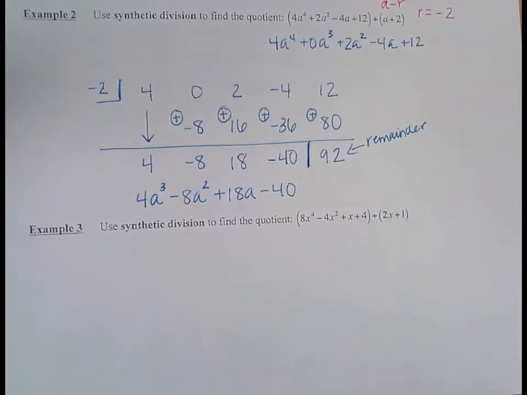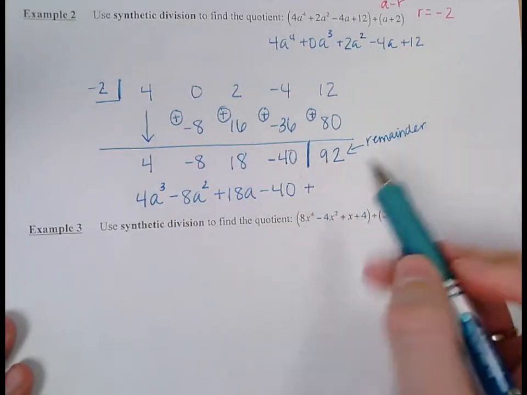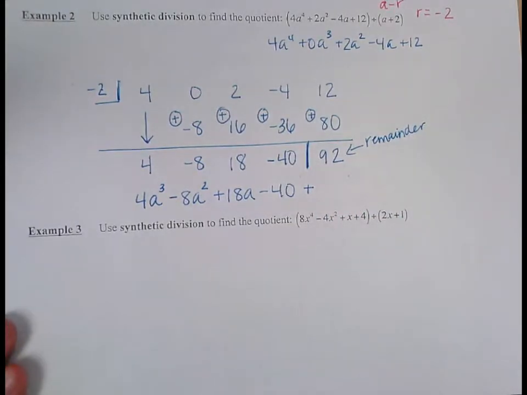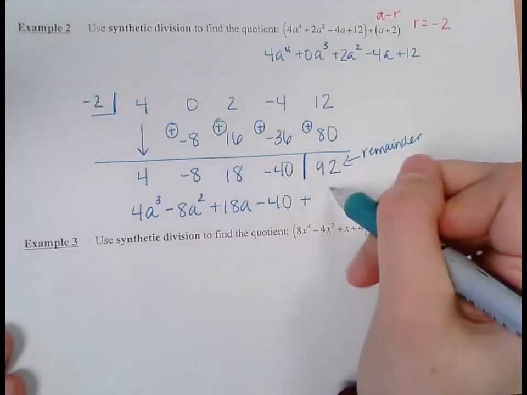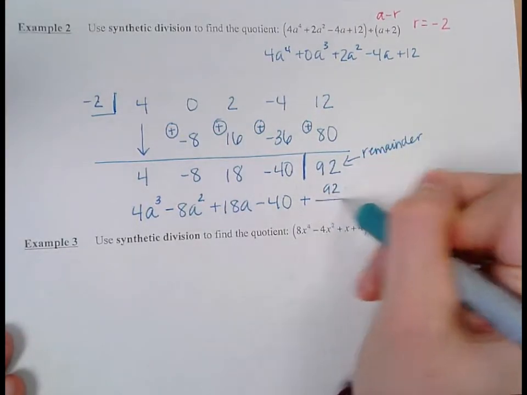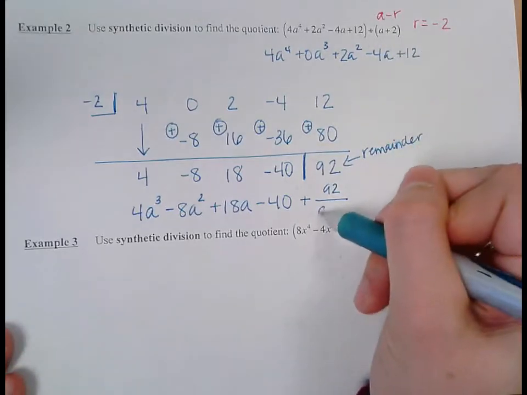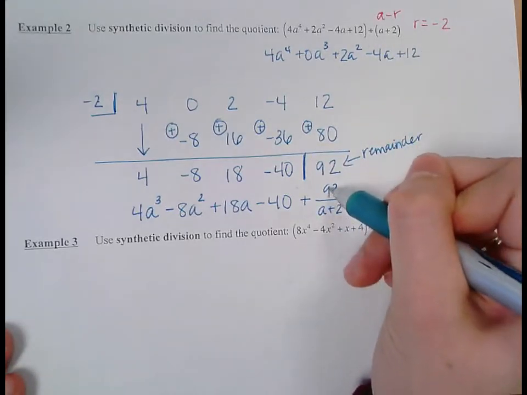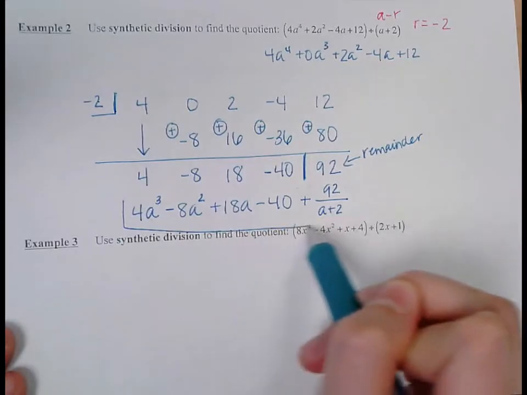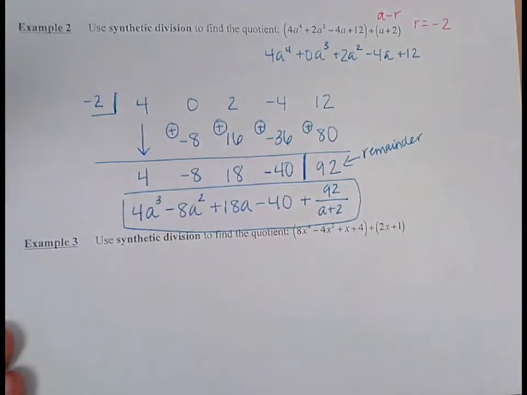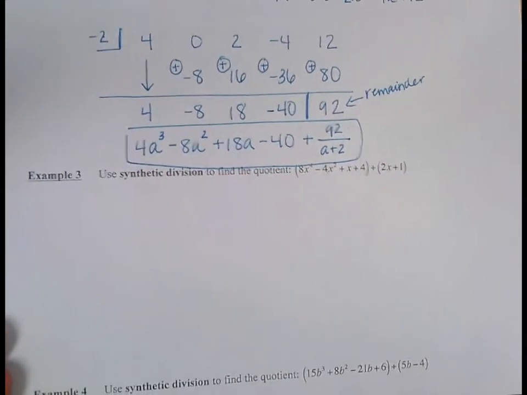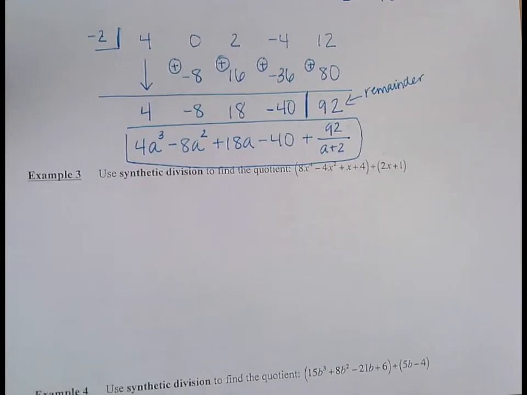And then you write remainders the same way we did yesterday. So it would be plus, and it's always the remainder over the divisor. So the remainder is 92 over the divisor, a plus 2. And that would be how you find your quotient and remainder with synthetic division.